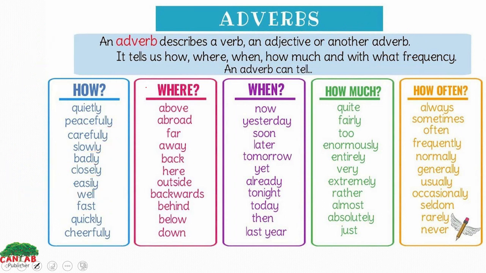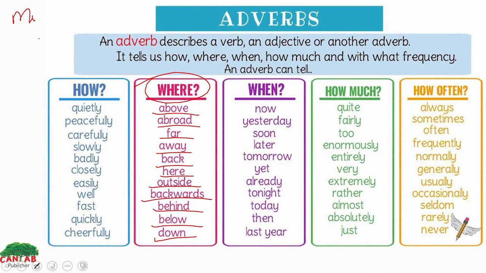Let's move to this one, where the action takes place: above, abroad, far, away, back, here, outside, backward, behind, below, down. For example, my mother is waiting for you outside.